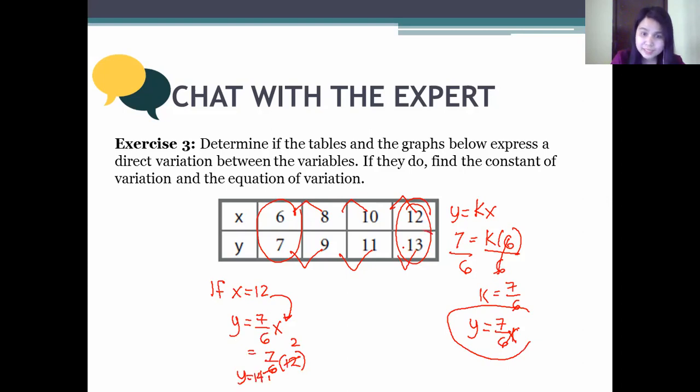But you look at this, this is 13. Therefore, this is not a direct variation. Now, any questions before we proceed?